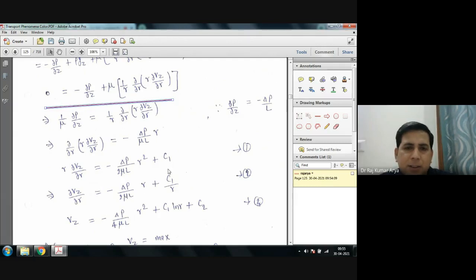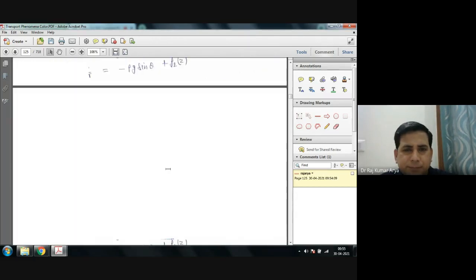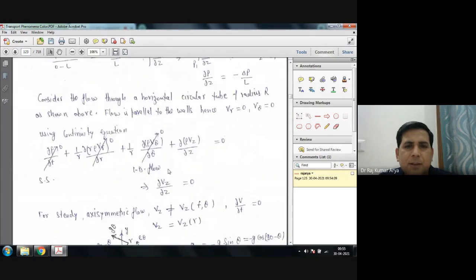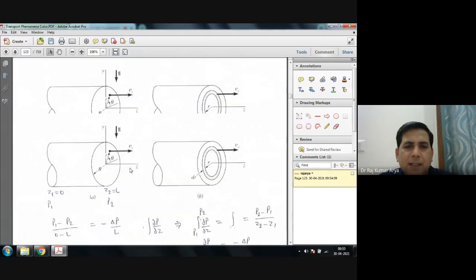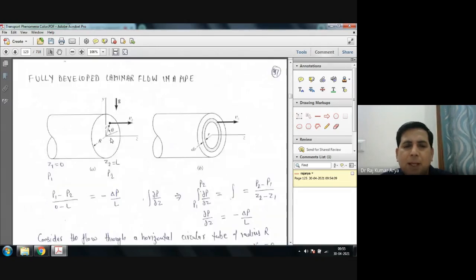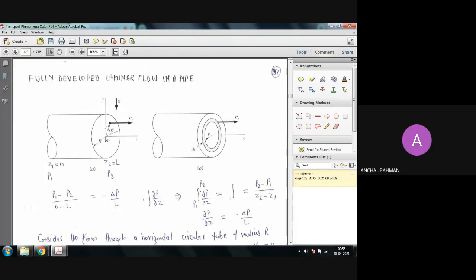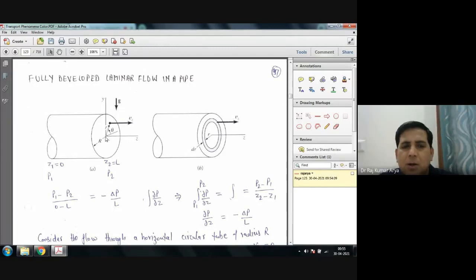If you see the figure, what are the boundary conditions? What would happen at r equal to 0? At r equal to 0 you are at the center. Your velocity would be the maximum, right? So your shear stress must be the minimum.